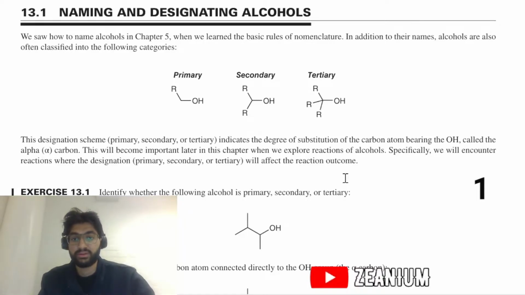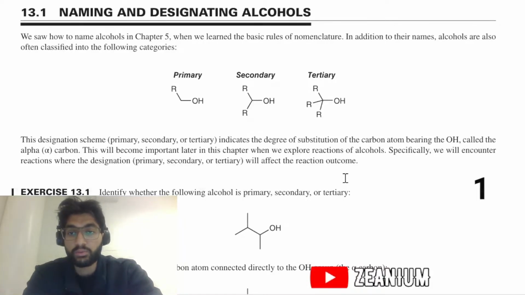Okay. We saw how to name alcohols in chapter 5 when we learned the basic rules of nomenclature. In addition to the names, alcohols are also often classified into the following categories: primary, secondary, and tertiary.